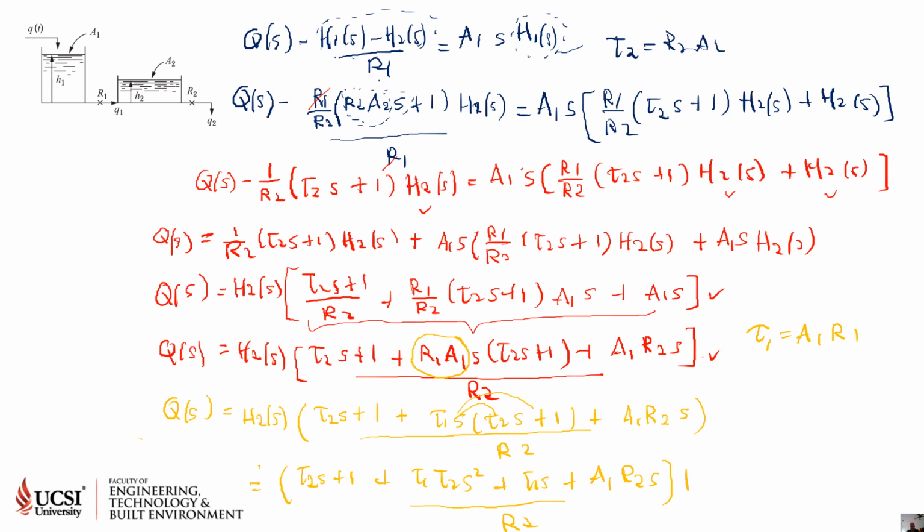Don't forget this H2s. So we get something like this one. So we can see that this one is something related to the second order system. So we proceed. We get this Qs equals to this long equation here. So we try to write this one in terms of H2s over Qs.